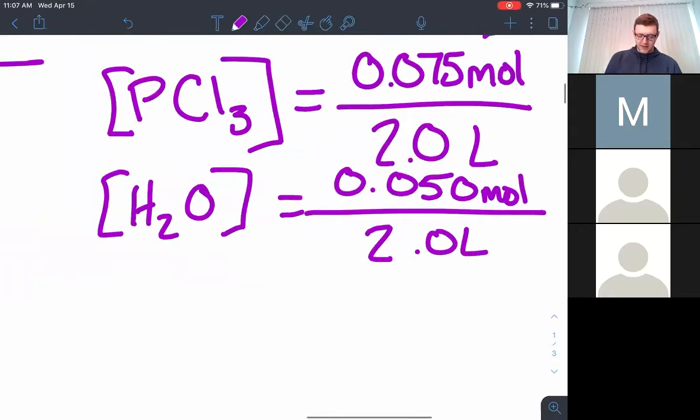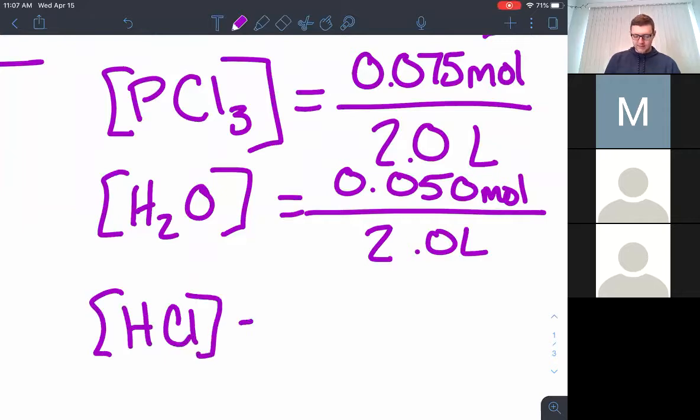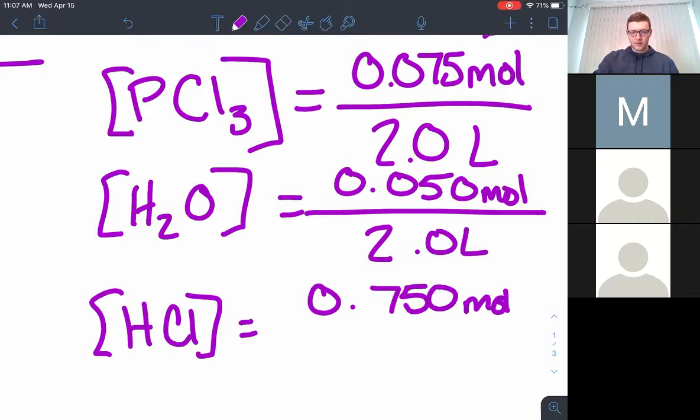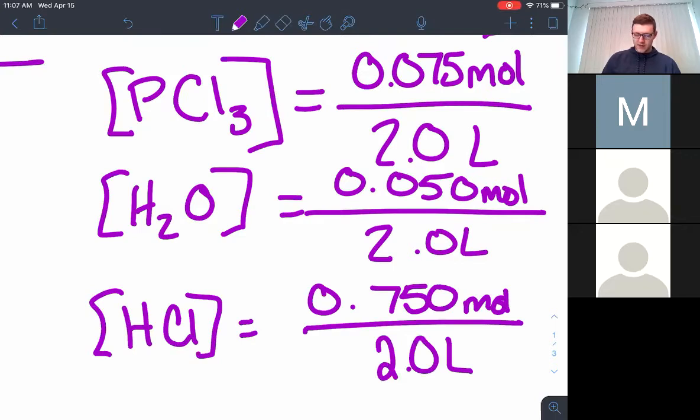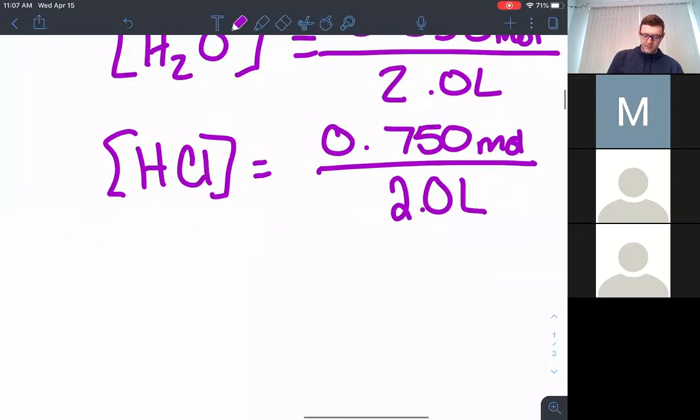Do the same thing with the hydrochloric acid. And then we're going to do the same thing with our POCl3.